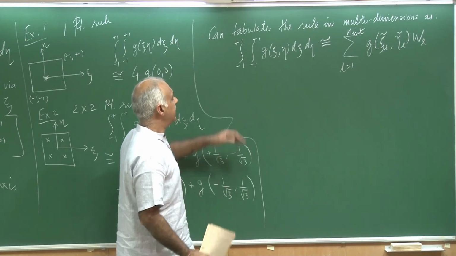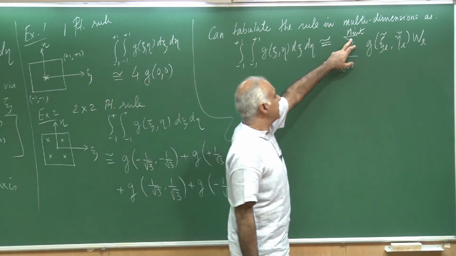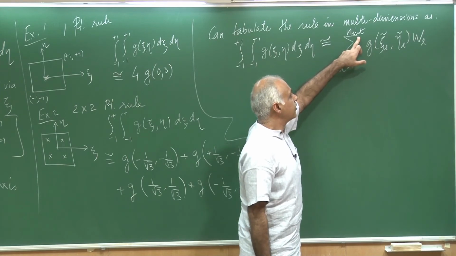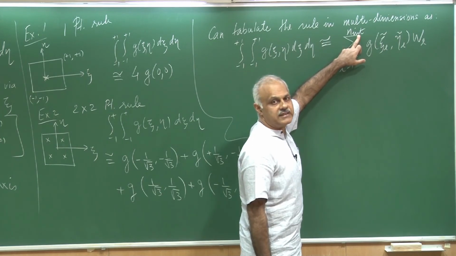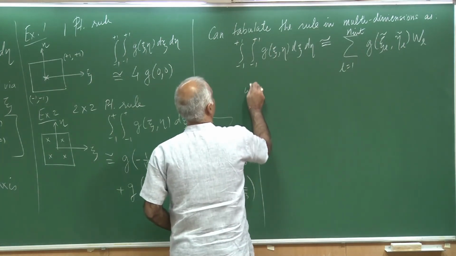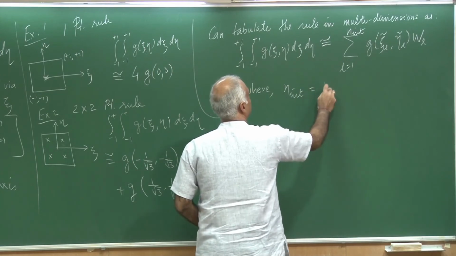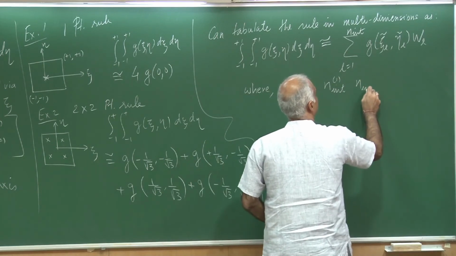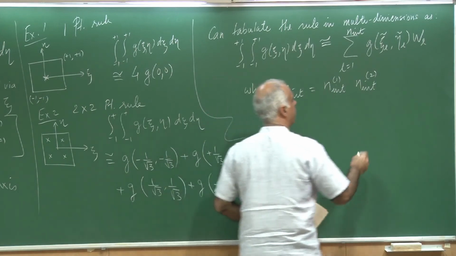So I can tabulate the same thing that is written over here, where n int is the total number of quadrature points. So if I am using 2 points along xi and 2 points along eta, then n int would be 4 in 2 dimensions. It would be 8 in 3 dimensions. So just to give you an idea, n int would boil down to n int in the one direction times n int in the second direction. Okay.